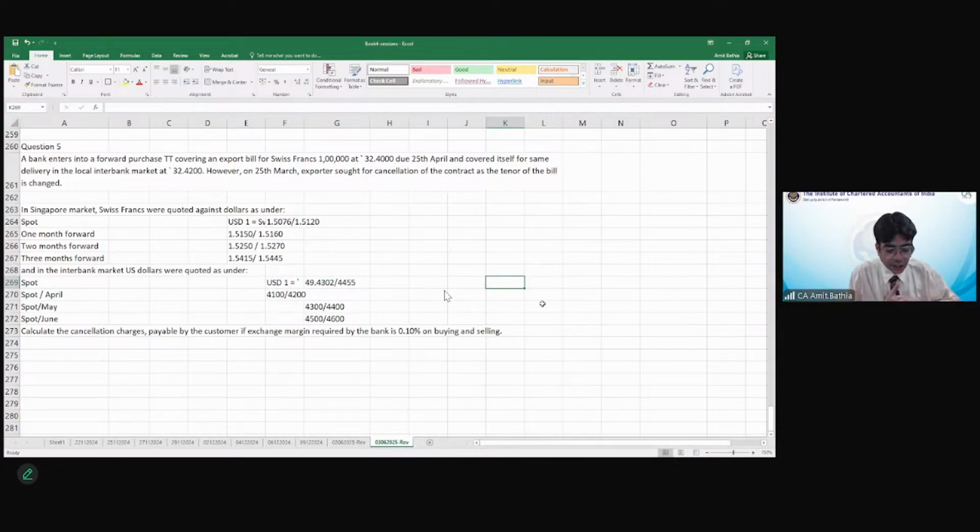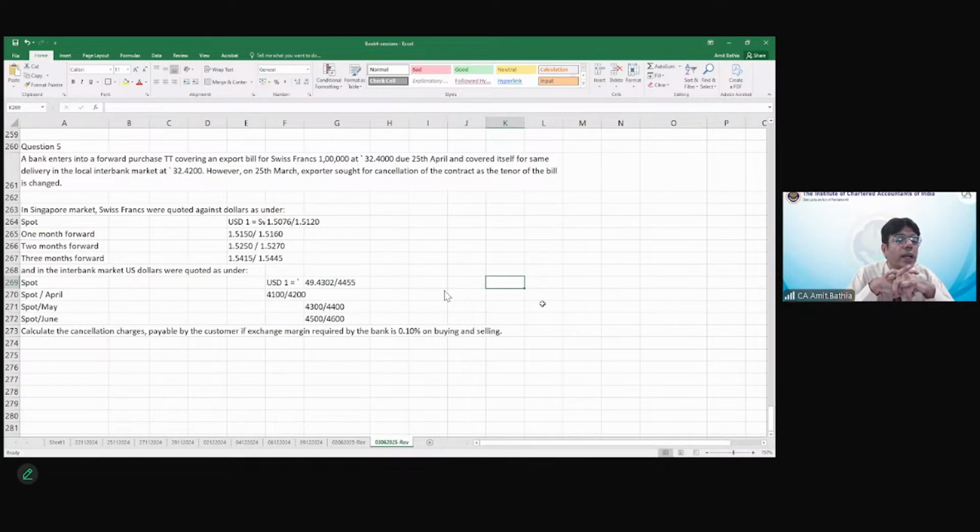A bank enters into a forward purchase TT, telegraphic transfer, covering an export bill for Swiss francs 100,000 at rupee 32.4000 due 25th April, and covered itself for same delivery in the local interbank market at 32.4200. However, on 25th March, exporter sought cancellation of the contract as the tenor of the bill is changed.